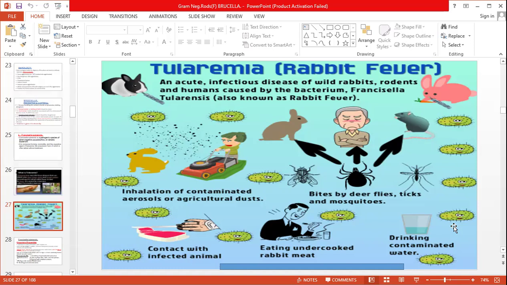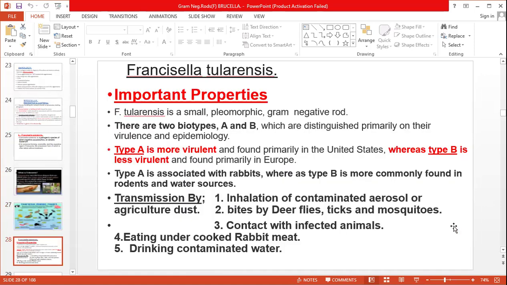Tularemia, or rabbit fever, is an acute infectious disease of wild rabbits, rodents, and humans caused by the bacterium called Francisella tularensis. The important properties are a small pleomorphic gram-negative rod.